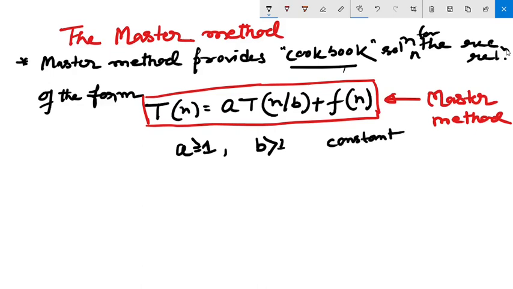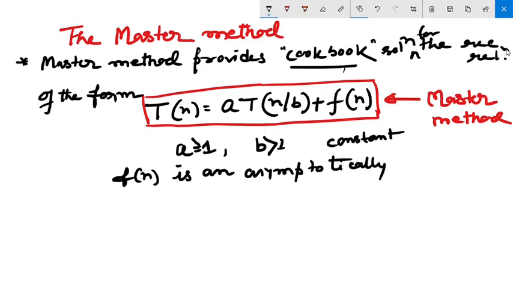And f(n) is an asymptotically positive function.